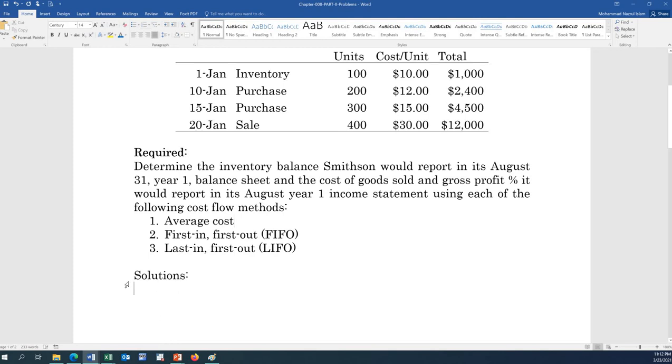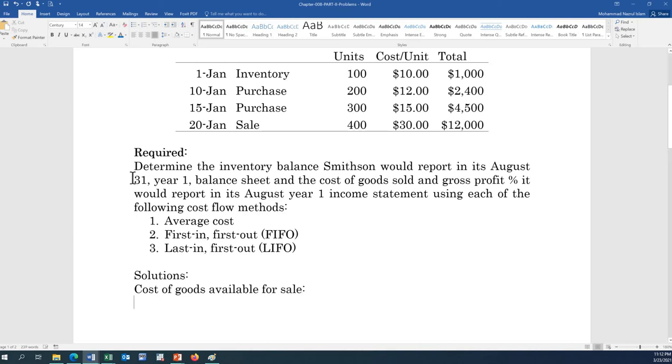The first one is cost of goods available for sale.